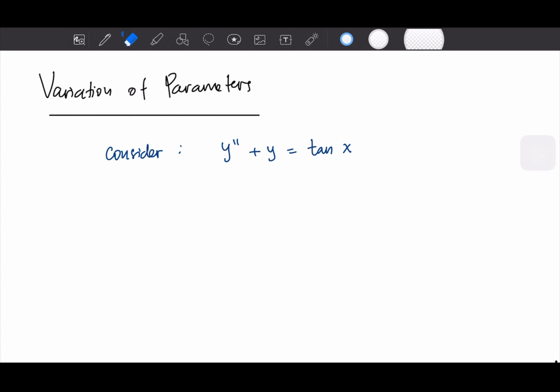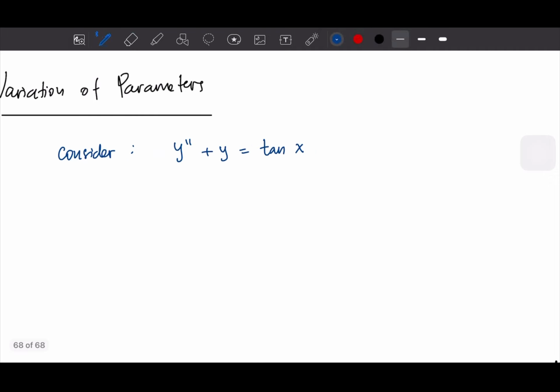But tangent, if we derive tangent, for example, let's say we have a function of tangent, if we derive it we are going to have secant squared, right?